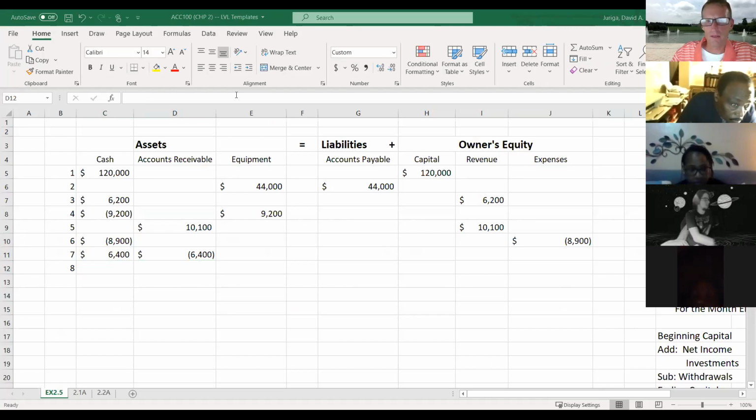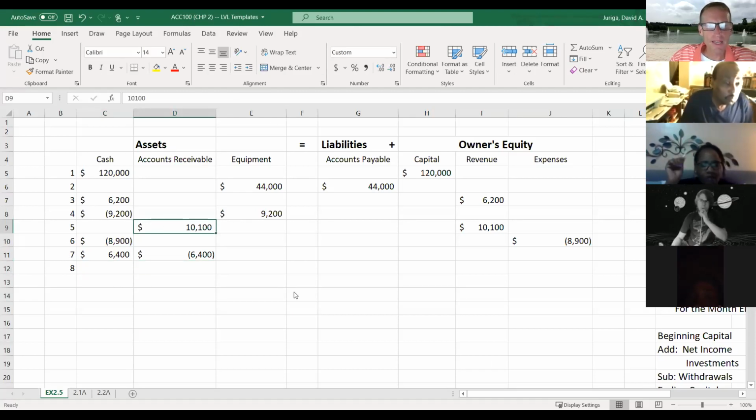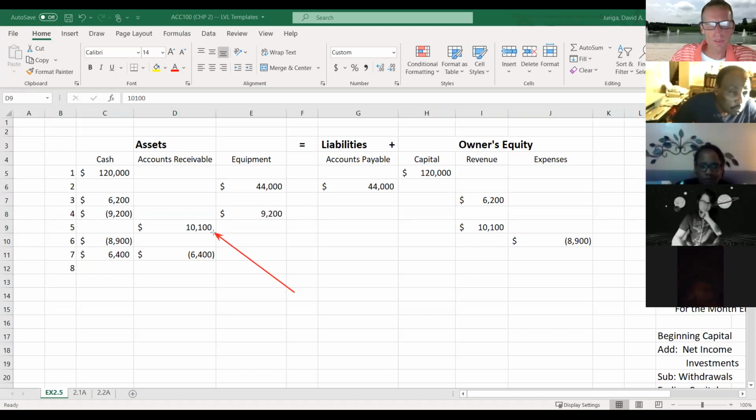I still don't understand, why are you subtracting accounts receivable? Okay. So think of it like this. Right now, before number 7, we've got $10,100 that a customer owes us. They call these credit charge account customers. In number 7, we're collecting some of that money and putting it into cash.